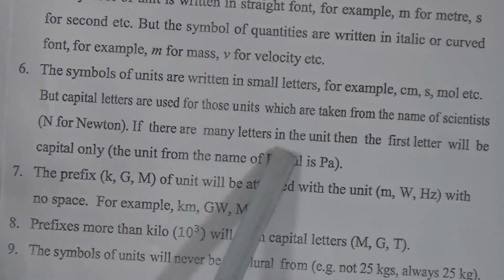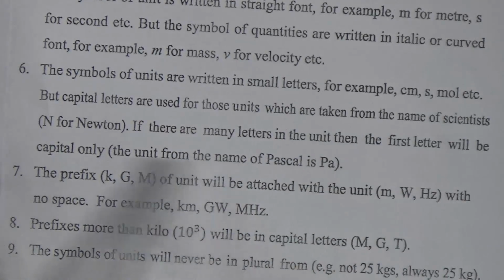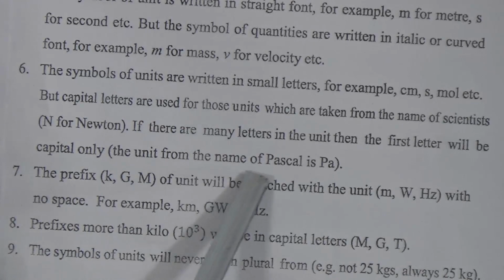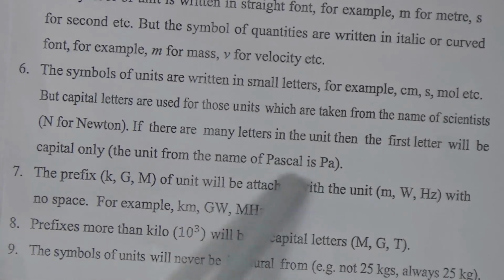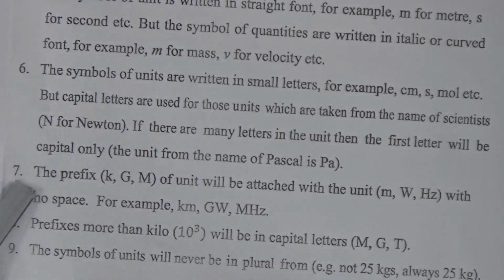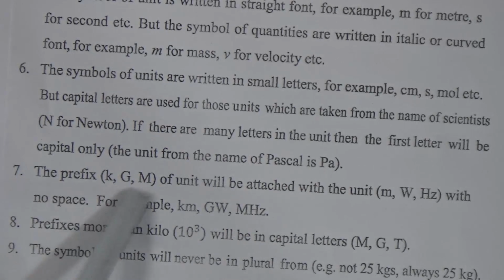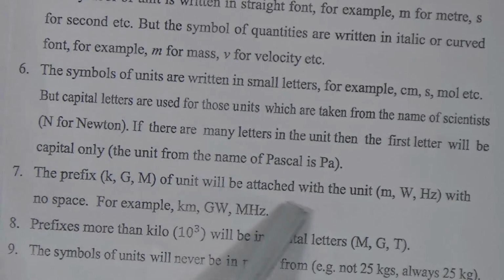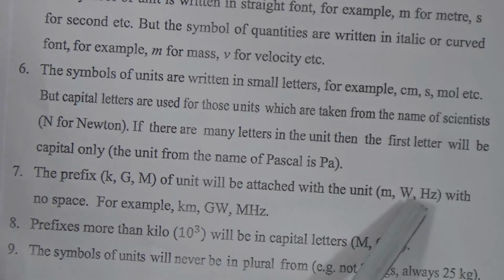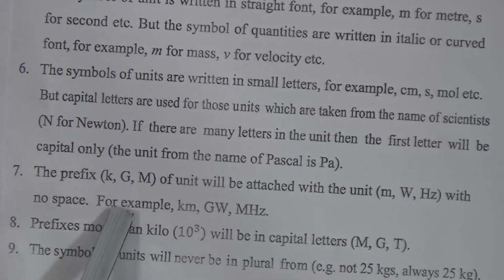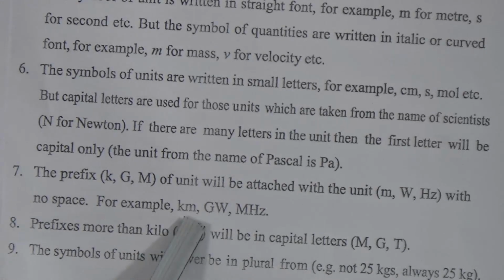If there are many letters in the unit, then only the first letter will be capital, for example, the unit from the name Pascal, that is Pa. Number 7, the prefixes k, G, M of a unit will be attached to the unit symbol with no space. For example, km, GW.